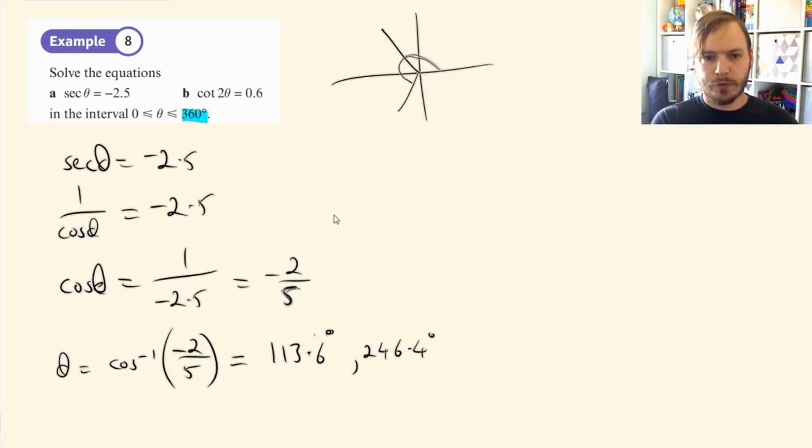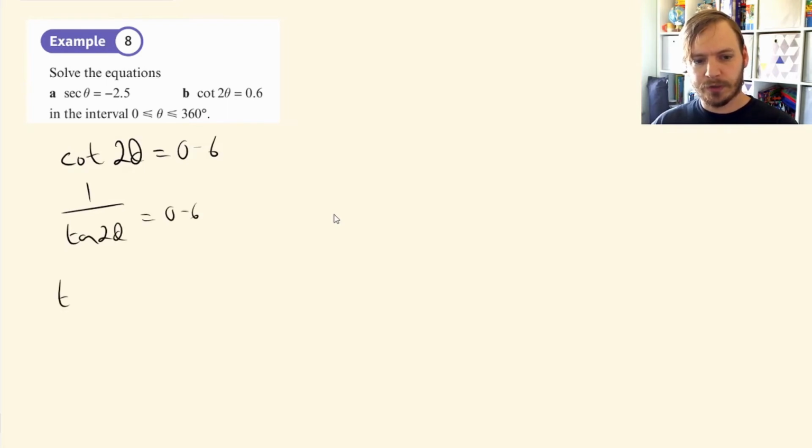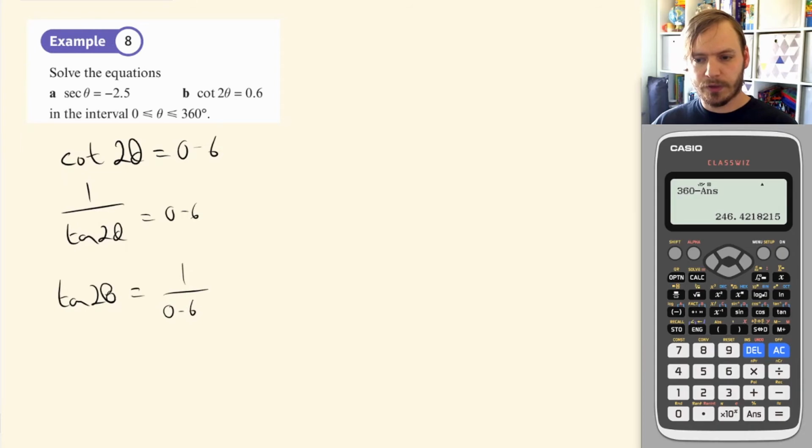And if I want to solve the other one, then I've got cot of 2 theta equals 0.6. Same thing as before. That means 1 over tan of 2 theta equals 0.6. So tan 2 theta equals 1 over 0.6, and that gives us 5/3 for our value for tan 2 theta.